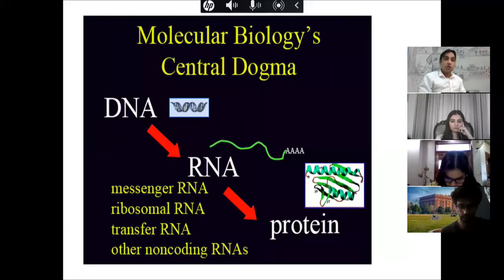Otherwise, we have, for example, 1,000 genes, definitely more than 1,000. But think about if we are having 1,000 genes within our genome, and those 1,000 genes kept on expressing and kept on producing RNA. They will be kept on being translated into proteins.